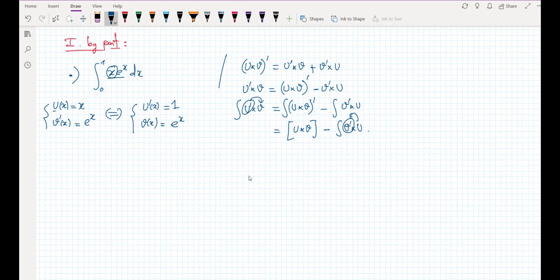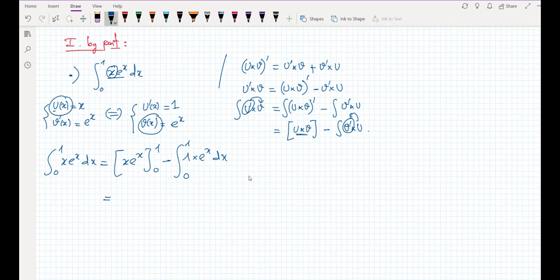So if we apply this technique, we find that the integral between 0 and 1 of x exponential x dx is equal to the multiplication of the primitives, x exponential x between 0 and 1, minus the integral of 1 times exponential x dx between 0 and 1.